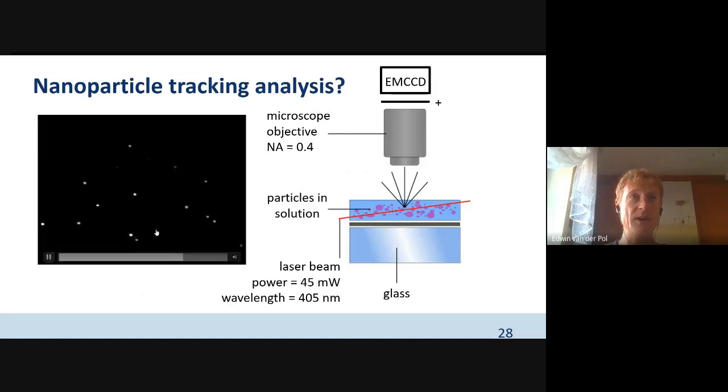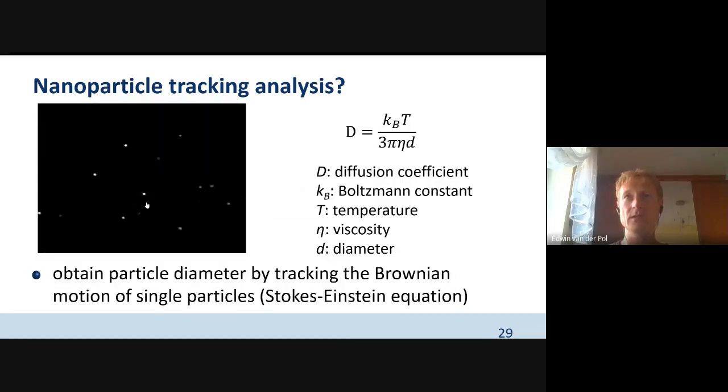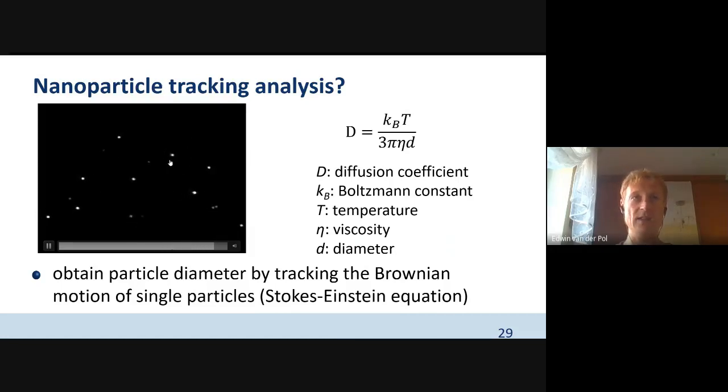These particles are sub-resolution limit for sure, because we size them based on their Brownian motion. Most of them were between 100 and 200 nanometers. So you can pick up their scattering signal, but the size of the image does not contain information about the size of the object. But the brightness and the diffusion speed do.